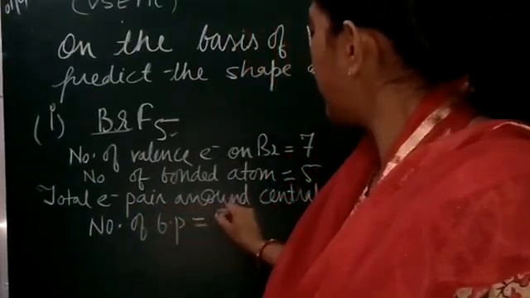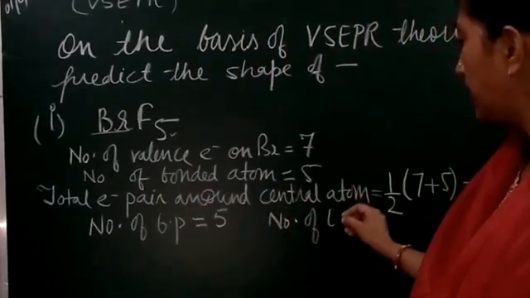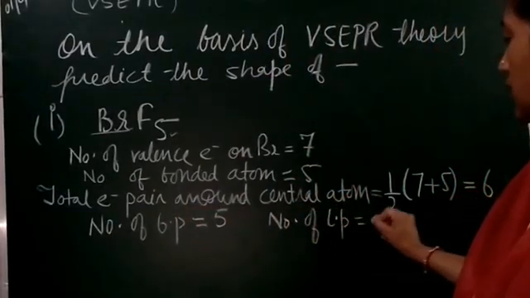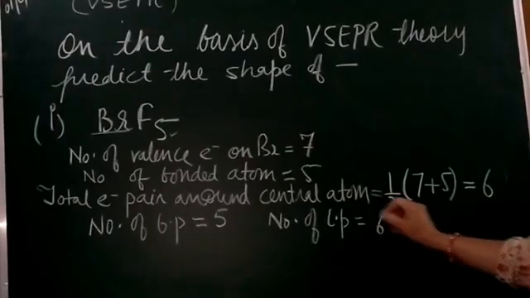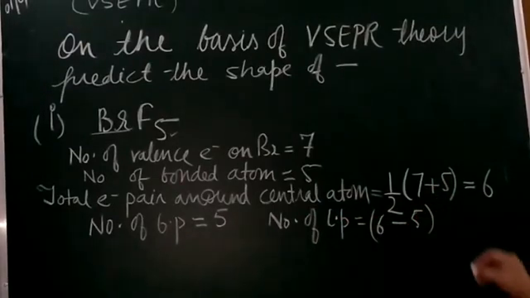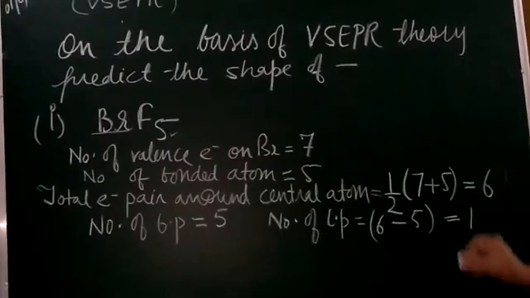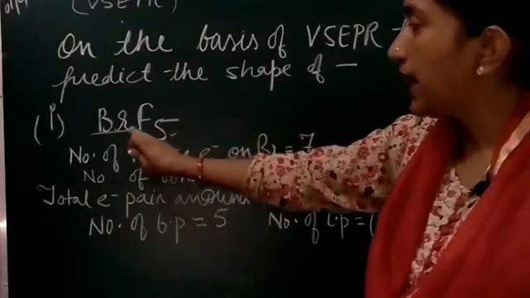Now students, it is clear how many bond pairs we are having. It is 5. And the number of lone pairs, LP, I am writing here. It is how much? Total electron pairs is 6, out of which we have got 5 bond pairs. So the number of lone pairs is 1. So you will now identify what type this molecule BrF5 is.